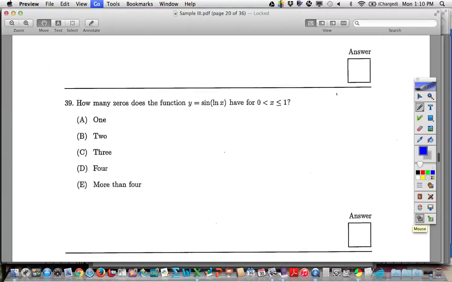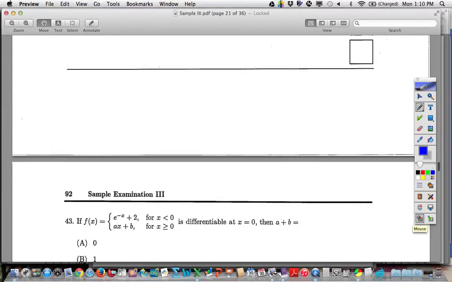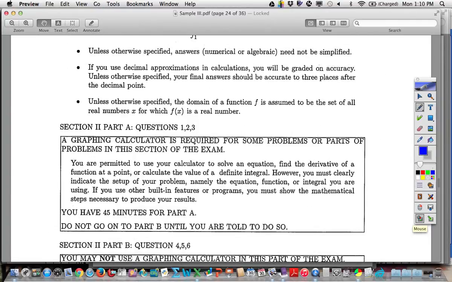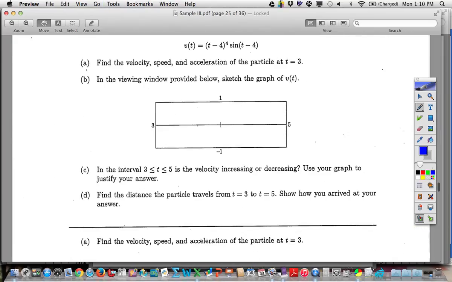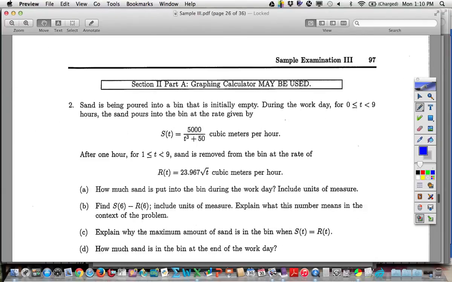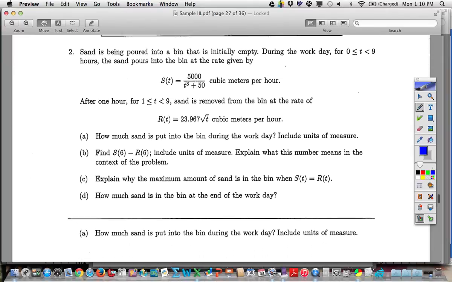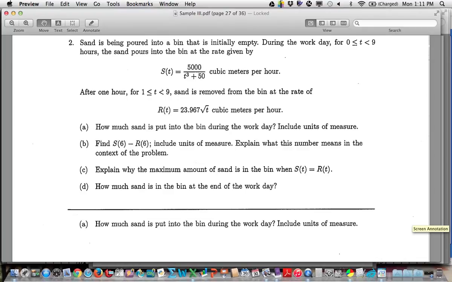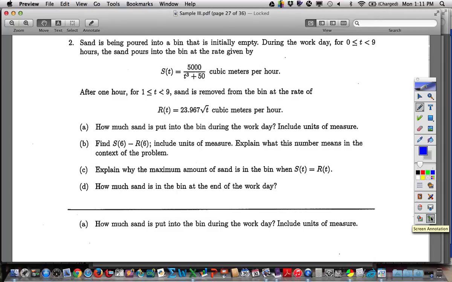Let's go to number 2 first. All right. This is a very, very common problem in the free response. 6 free response questions. Almost always one of them has to do with some rate.